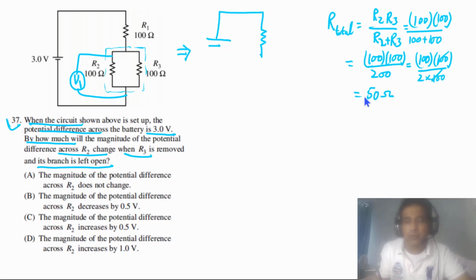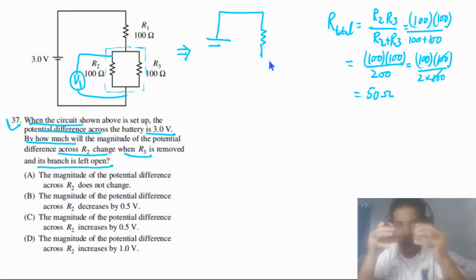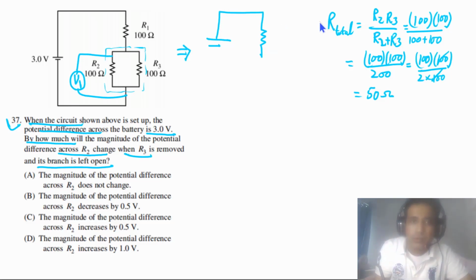We do not need to do this whole process. Simply you need to understand, if resistors are identical and they are connected in parallel, then you can calculate the total resistance by taking the resistance of one resistor and dividing by the number of resistors. As in this case, the resistance of one resistor is 100 and we have two resistors in parallel, so the total resistance is equal to 50 ohms.